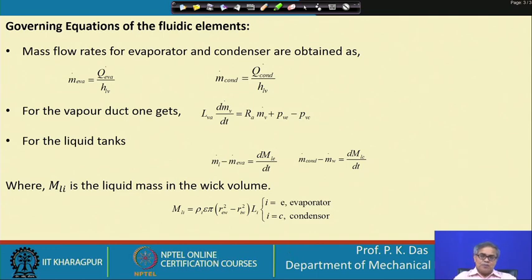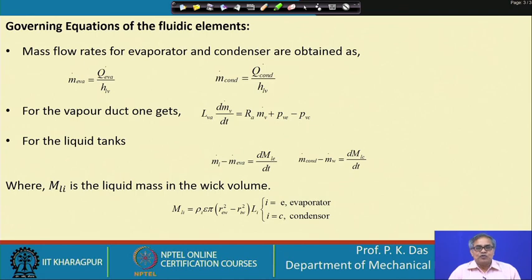So, more or less the important equations I have given, but I have done separate analysis of quite a few things. First, the thermal analysis I have done with a thermal network. Then the fluidic analysis I have done with a fluid network, and in the fluid network I have separately considered the vapor path and the liquid path.